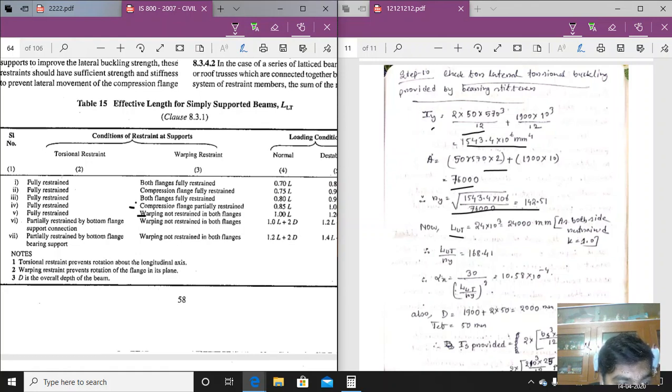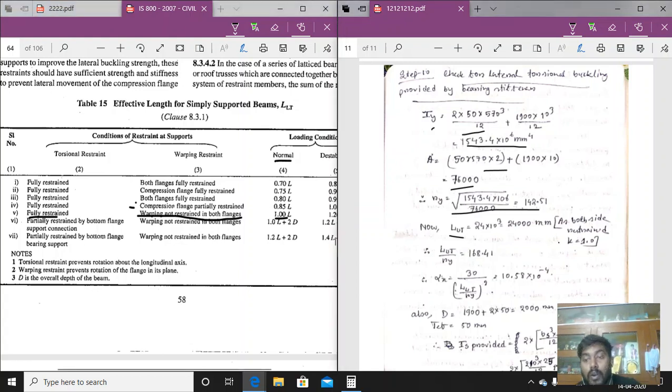This is the case of warping, because we are determining the torsional resistance, and due to the torsion there is twisting, warping of the plate occurs. There is twisting moment. As we are determining the torsional criteria, we have to take the warping case. So for fully restrained, we have to take 1.00 L for a normal loading condition. So we are taking the value of K equal to 1.0.